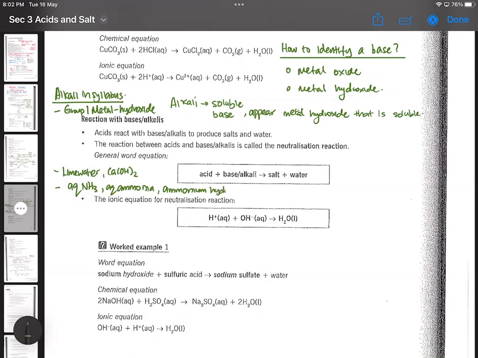Now notice this is a little bit different. It is not a metal hydroxide, but still is classified as an alkali. Okay, any questions regarding what is a base, how to recognize a base, and how to recognize an alkali?